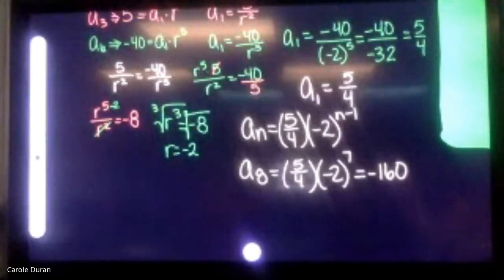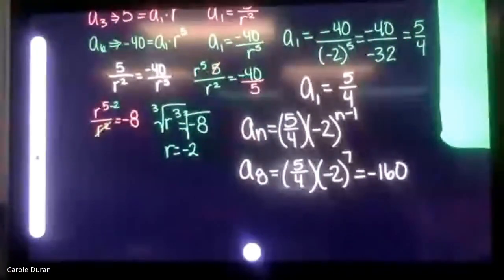Let's see. Everybody else get -160? Questions, concerns, or issues on that? Anybody confused on how we did that? Are we good so far?